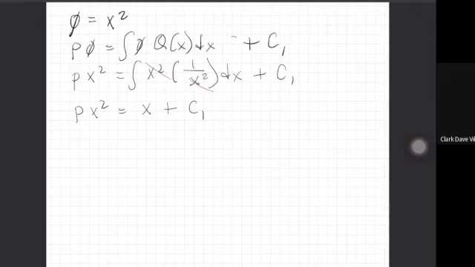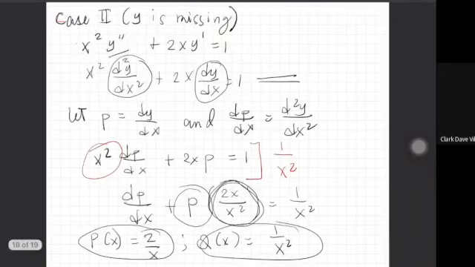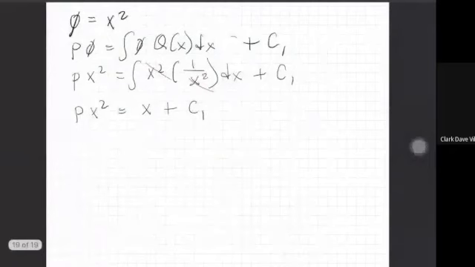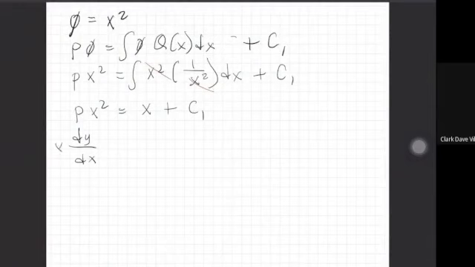Now, what is your p? Your p is equal to dy/dx. So substituting our p, dy/dx times x squared equals x plus c sub 1. Now, this is not linear. Why?